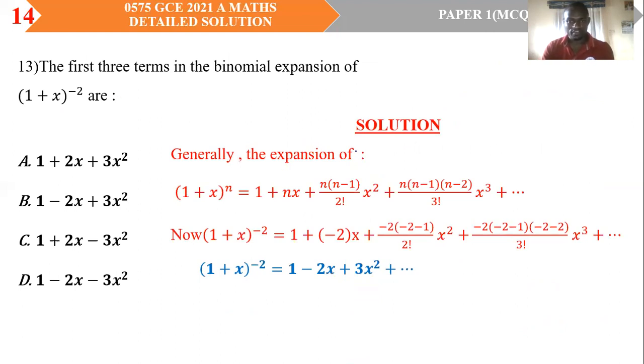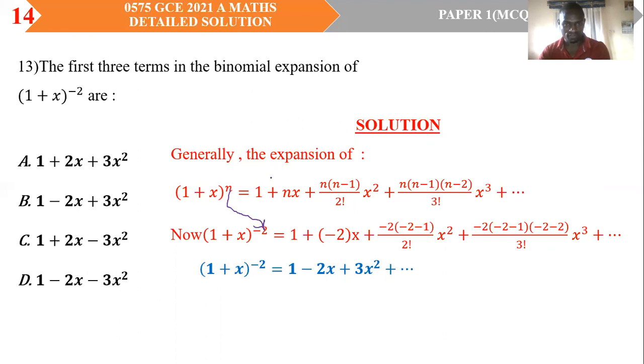Generally the expansion of (1 plus x) to the power n is given by 1 plus nx plus n times (n minus 1) over 2 factorial x squared, plus it continues in that pattern. Now, in (1 plus x) to the power -2, we see that n is -2.